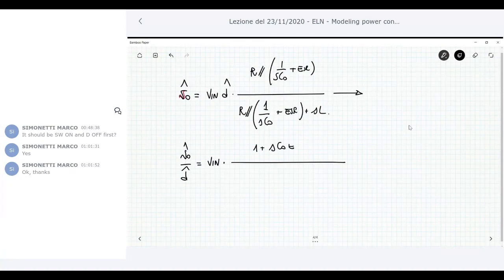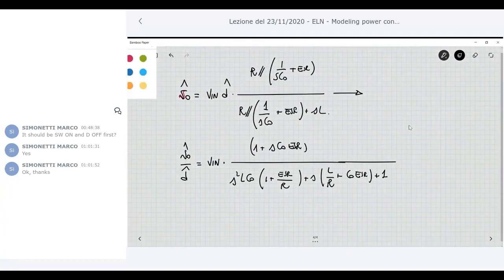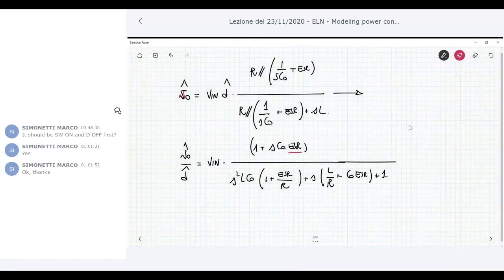Then we have S square L C naught, 1 plus ESR over R, plus S, L over R plus C naught ESR, plus 1. Of course, now we have the influence of ESR both at the numerator and the denominator here. Okay, so this is the correct version.